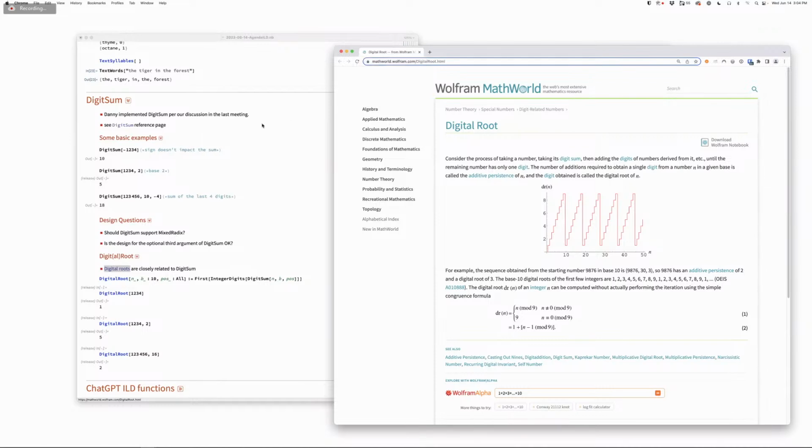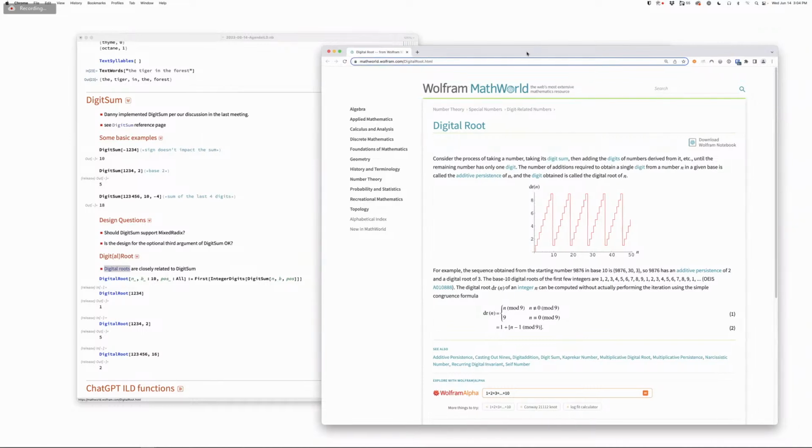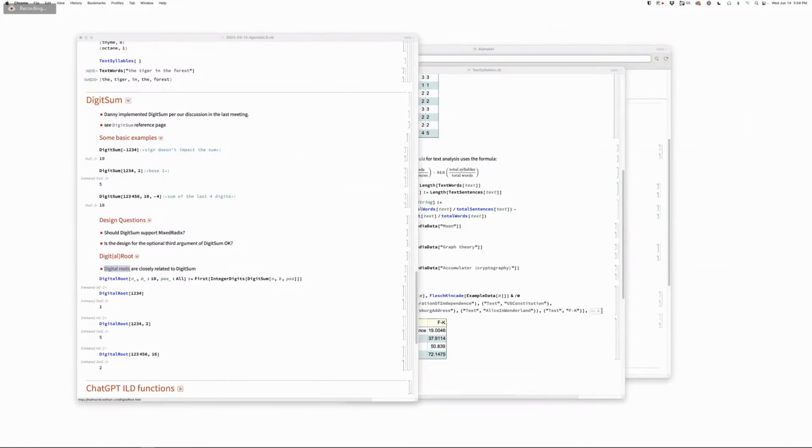Yeah, I'd seen it come up associated with DigitSum fairly frequently, so figured it was worth it. I think our former content guy, Chris Stover, already put it in the function repository, if I remember correctly. I don't remember seeing it. But should DigitSum support mixed radix? I don't know. That seems awfully obscure. What about Fibonacci base and stuff like that?